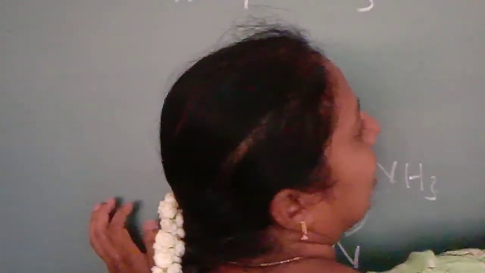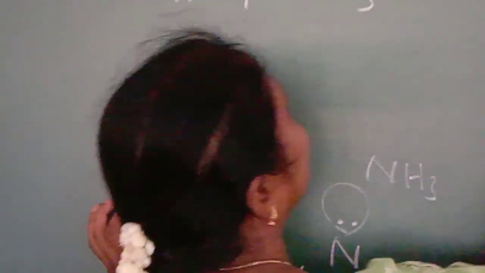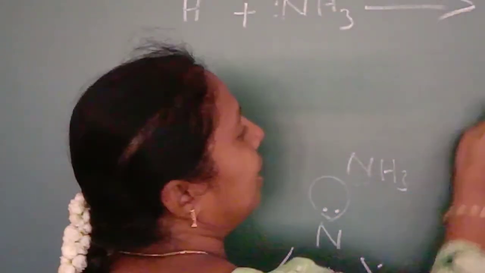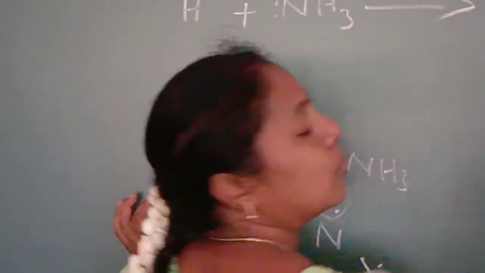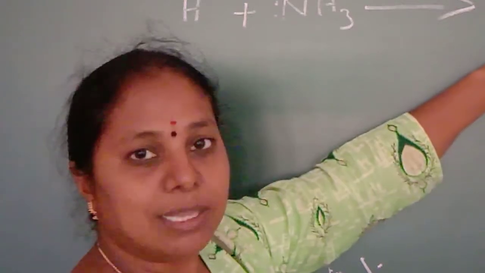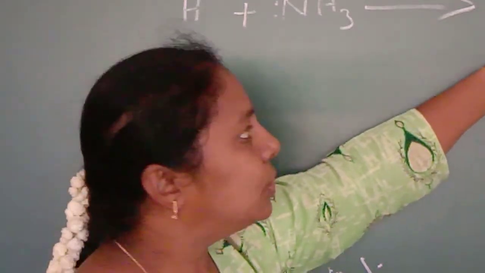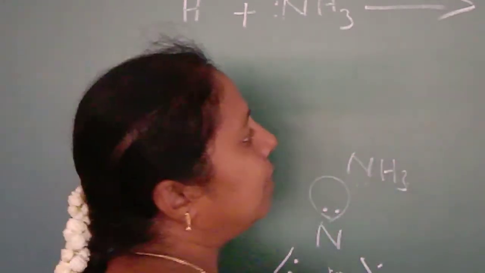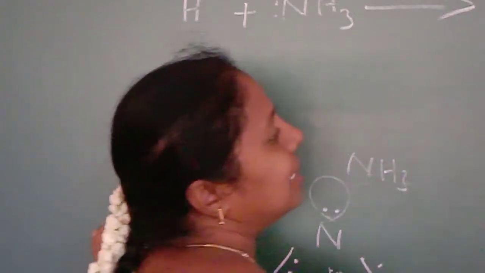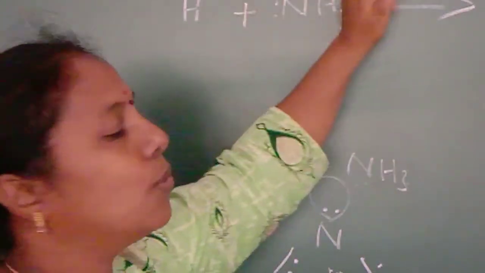So this arrow mark indicates the formation of a coordinate bond between the H plus ion and the ammonia molecule. Here a force of attraction between H plus and ammonia will exist. That force can be taken as a coordinate bond.